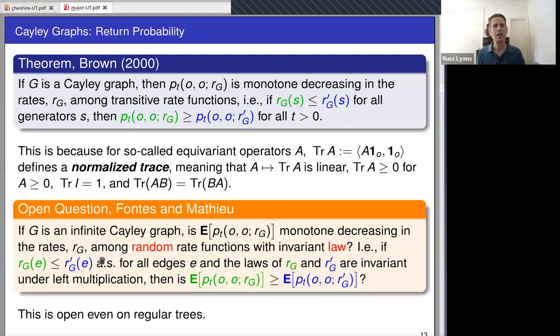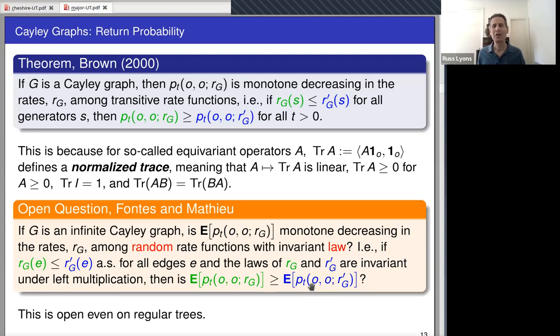In other words, if I have two fields of random rates, where the second one is at least the first, and both fields are invariant, does the expected return probability go down? This is open even today on regular trees. I think it's true, but it's definitely open.